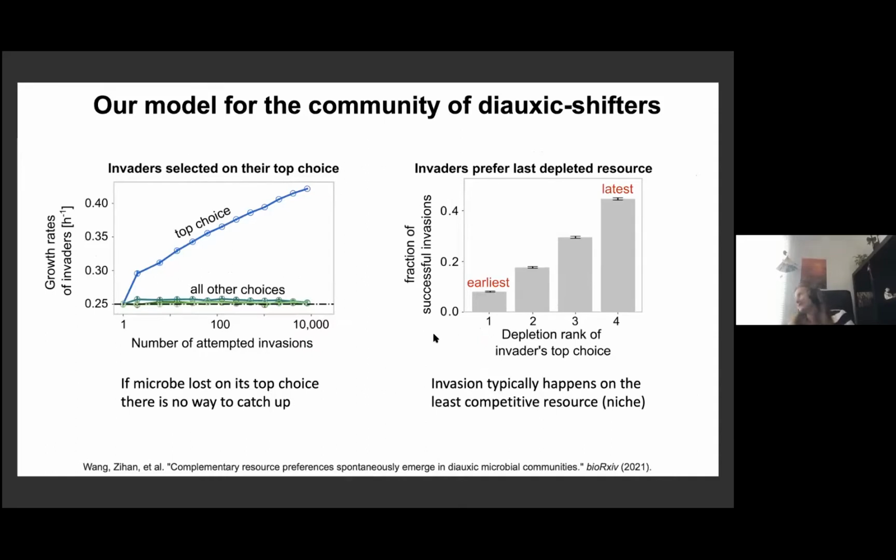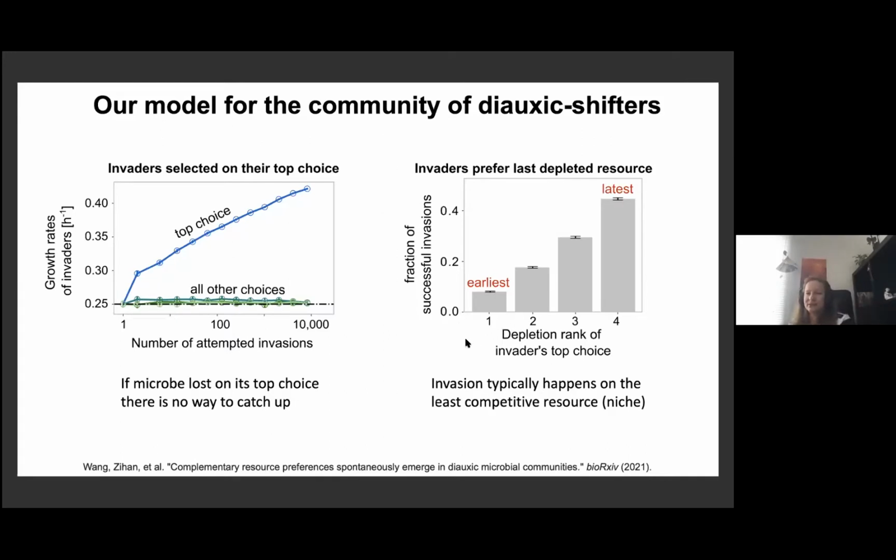And if you think about it, it seems logical, because the top choice is what sets your initial population. As soon as you grow really fast at first, you will reach a much higher abundance, and then even if you grow not as fast on your second one, you will still have this initial boost. And in this whole dynamics process, you will still get a bigger chunk of resource and so on.